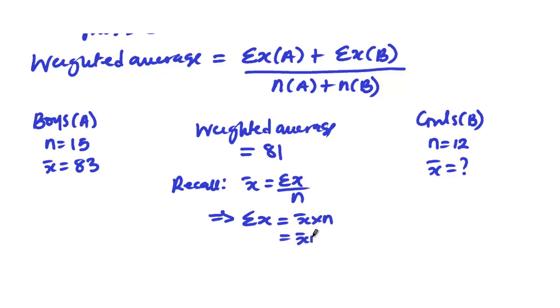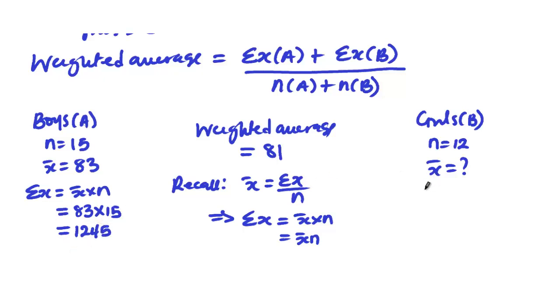If I want the summation of the boys, summation x for the boys is x bar times n, that is 83 times 15. Let me put it on my calculator: 83 times 15 gives 1245.